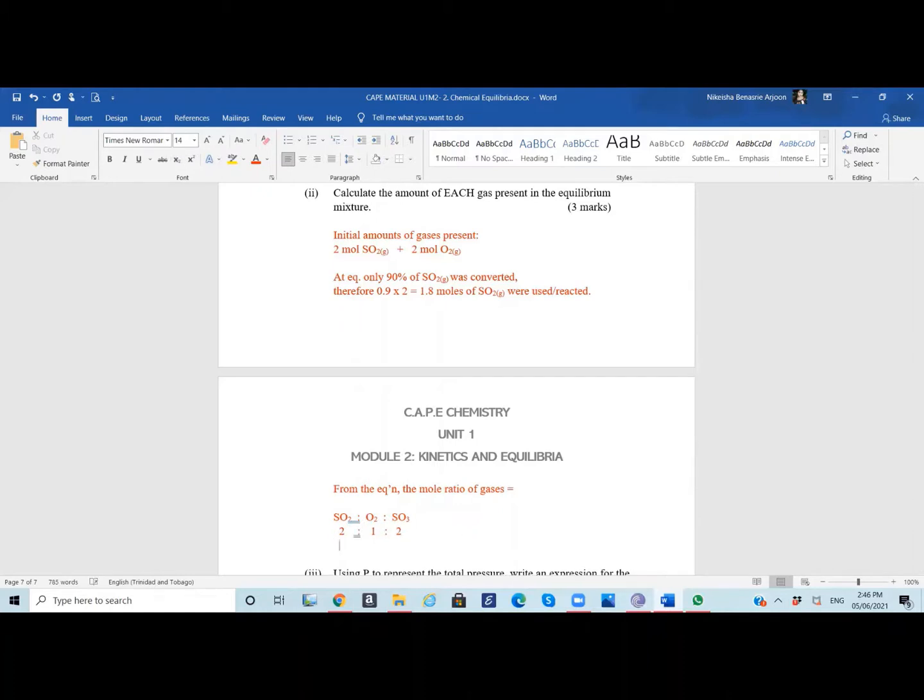Right, so that's the mole ratio from the equation. Now, we have to look at the facts, what we know happened at equilibrium, and that is 1.8 moles of SO2 reacted.